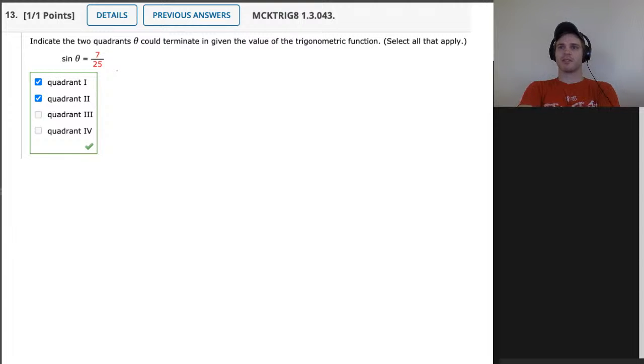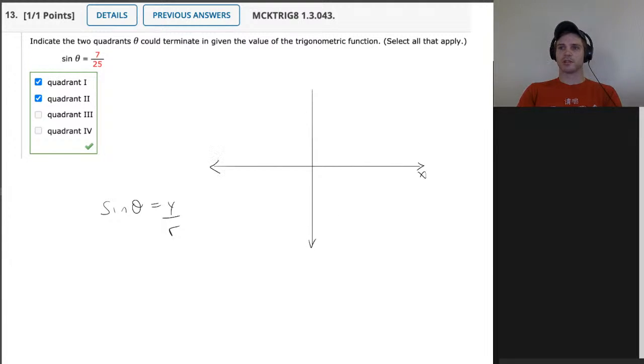Same thing, indicate two quadrants theta could terminate in given the value of the trigonometric function. Here we see that sine is positive. Well, sine is y over r, and r is always a positive number because it's a length. So where's y positive? Y is positive in the first and second quadrants. Again, this is not trig knowledge, this is just from your algebra days.